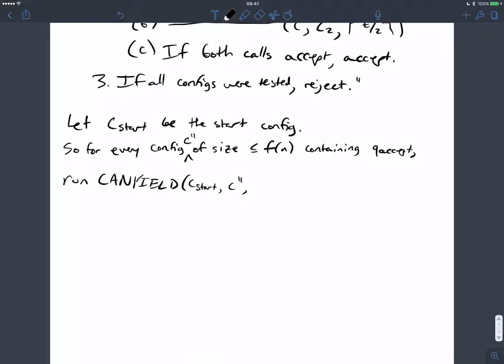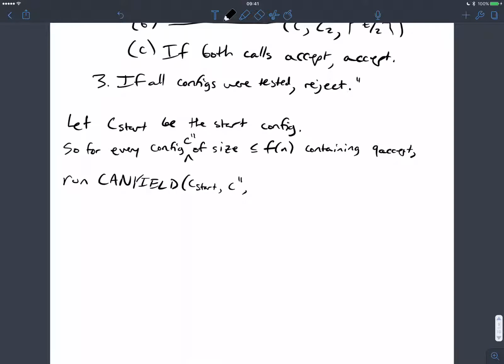But remember, the machine that we have here is a non-deterministic polynomial space machine. We don't know how many steps it'll take, which is the time part of it, right? But how many steps could you possibly take in f of n space? Well, let's see.